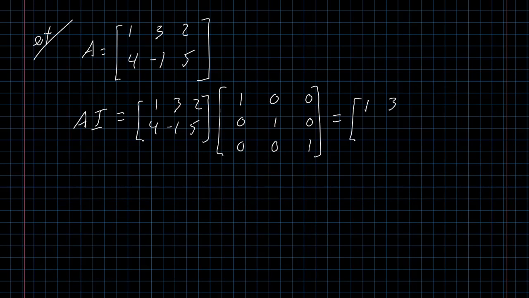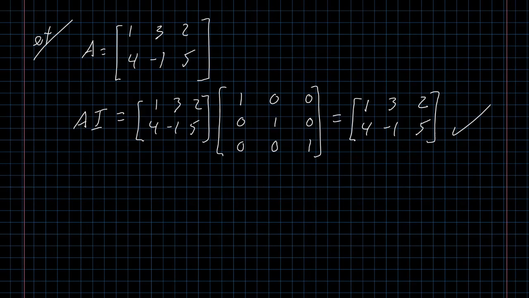First row dot with third column. 0, 0, 2. Second row, 4, 0, 0, 0, negative 1, 0, 0, 0, 5. Adding 0 to things is really easy. Getting out what we expected to get out is very nice.